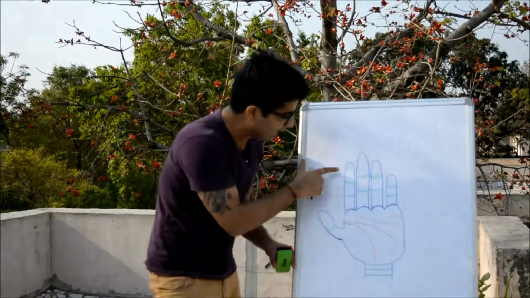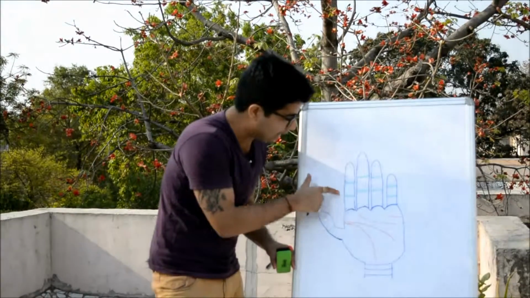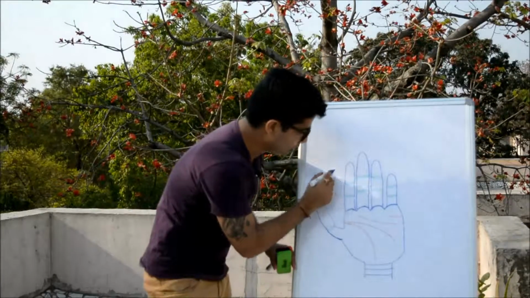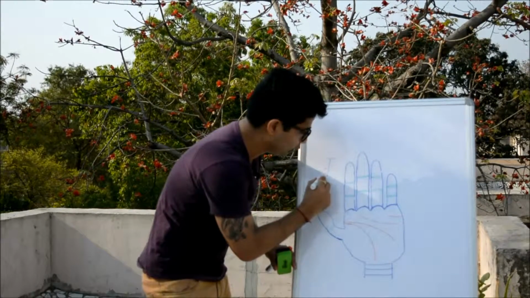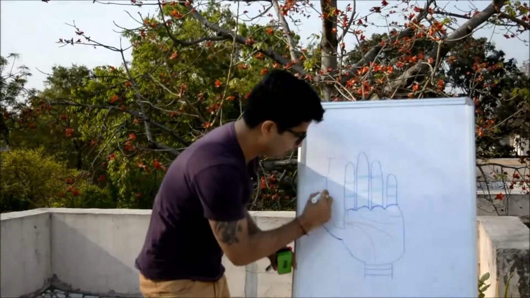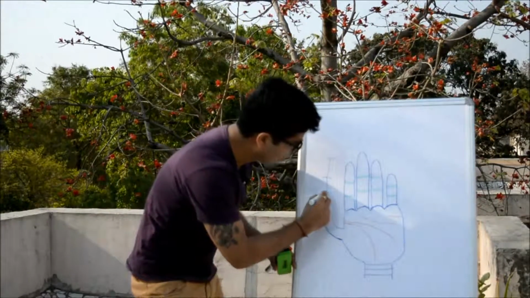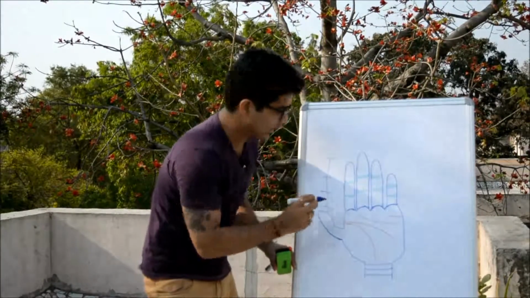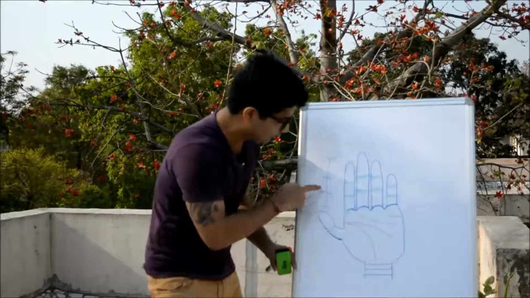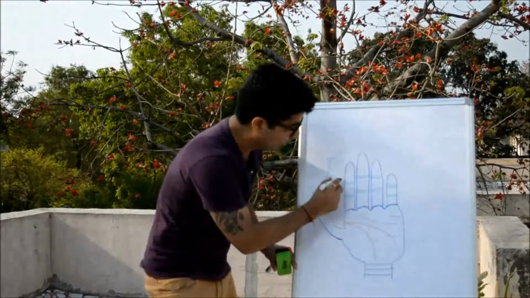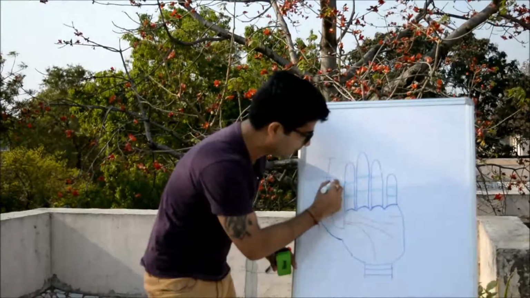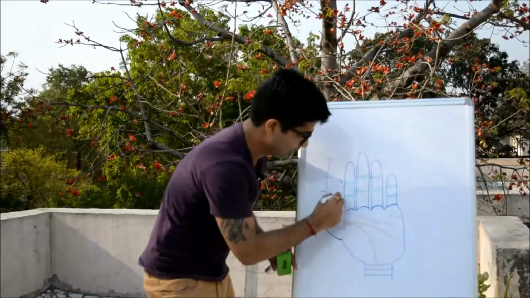In every finger we have three phalanges and two knots. This is our top phalange, this is our middle phalange, and this is our bottom phalange, divided into these three areas by these two knots.